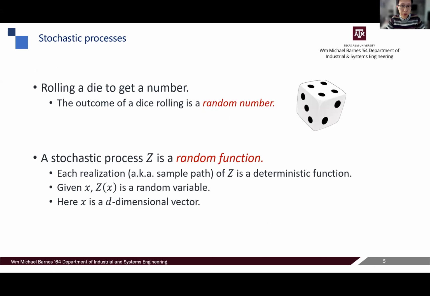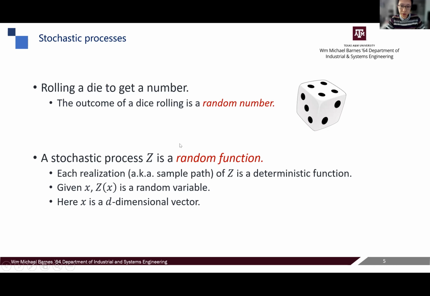Okay. So another simple explanation is that if you consider a parametric case, like if you roll a dice, you get a random number. So the prior for this random number is a random distribution. If you consider a random function, that's a different thing.